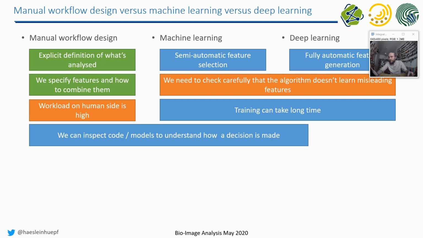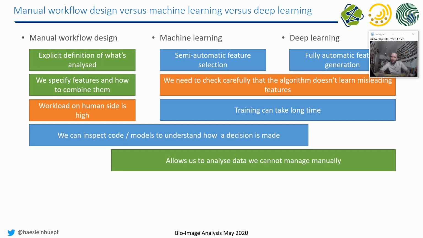So I can read these forests. It's possible. Maybe it's not super easy and it's complicated, and there are 100 trees in the forest, but nevertheless, I can study the data structures inside and I can understand how a decision is made. In deep learning, it's not so easy. The models are so complex and partly so big that you cannot tell anymore what it is actually doing to come to a conclusion.